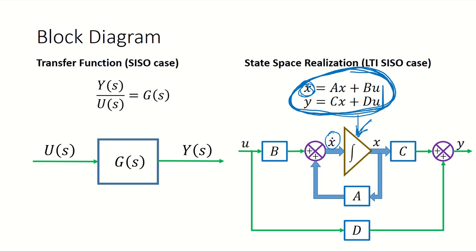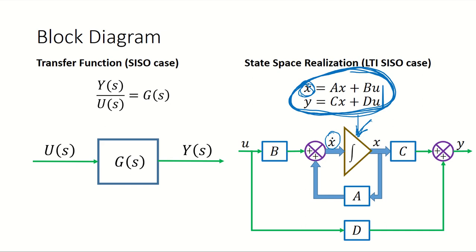So if you have identified states, of course there is a dynamics of that state. That means x dot equals something. So when you talk about x dot, you can always put that x dot at the input of an integrator and put the x at the output of the integrator.